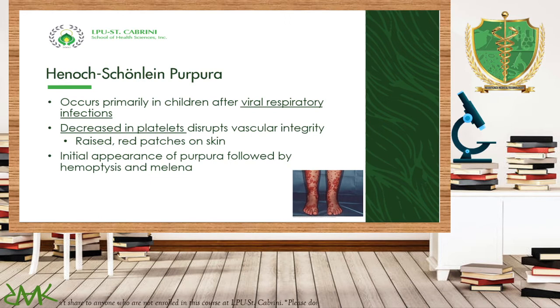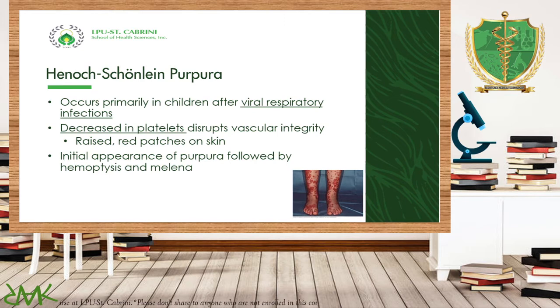When we say petechiae, these are spots in the skin, and that is because of the problem in the platelets. It occurs primarily in children, most especially after viral respiratory infections. There are decreased platelets, which disrupts vascular integrity. That's why there are petechiae and bruises, and that is what we call purpura.